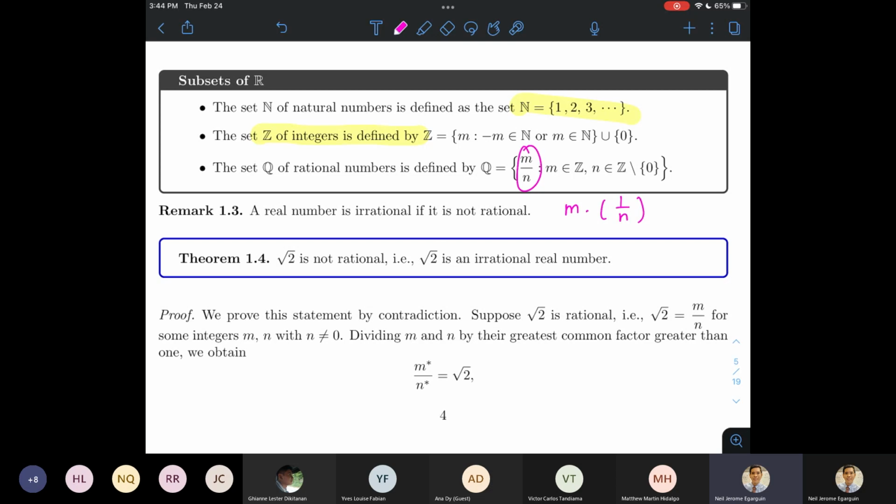A divided by B is equal to A over B, which is A times the multiplicative inverse of B. So any number that can be written as an integer times the multiplicative inverse of another integer is a rational number. And all numbers that are not rational are irrational numbers.